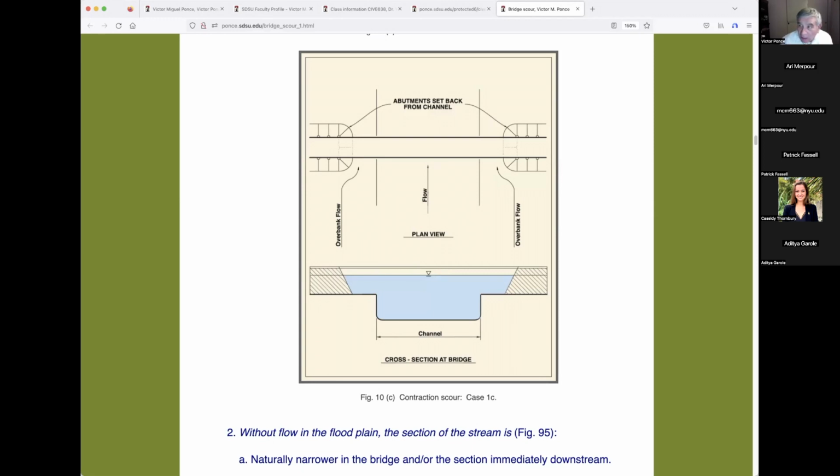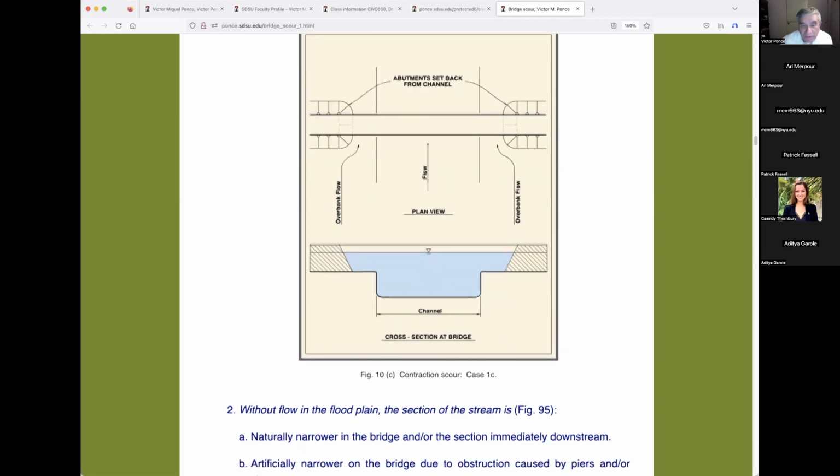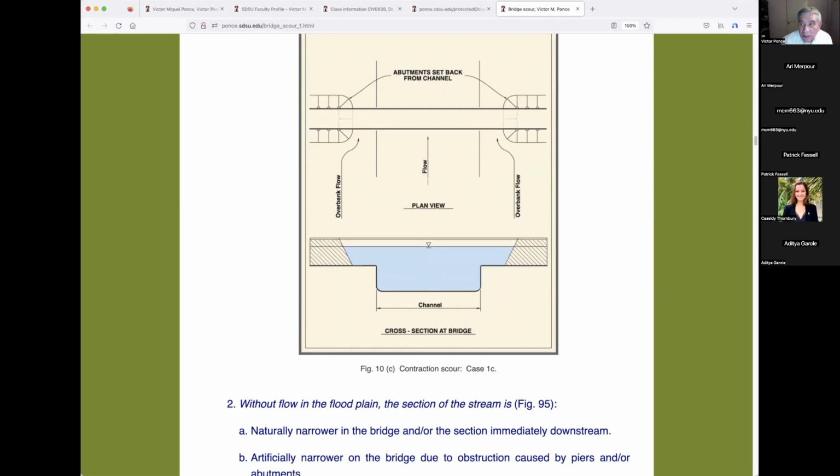All this hydraulics, by the way, can and should be calculated by HEC-RAS. HEC-RAS will do this very nicely for you, steady or unsteady. And I think in hydrology, we already said that it's probably better to do just the steady, because you're doing this for a design condition. So steady should suffice.